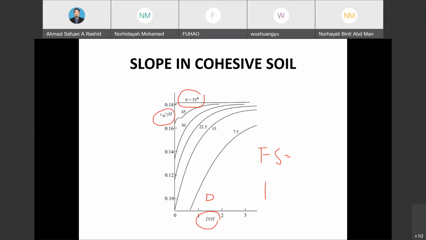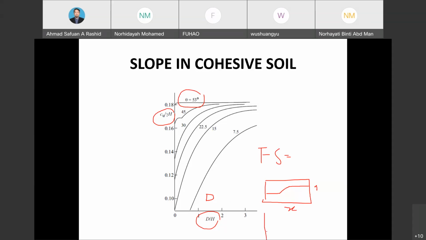For example, if you use your testing chamber and you have here a y and x axis, and then you use the dimensionless approach, you can use this design chart.